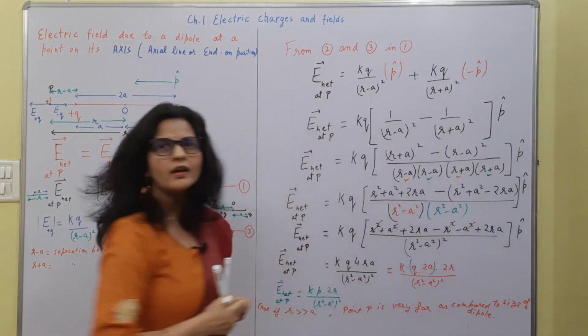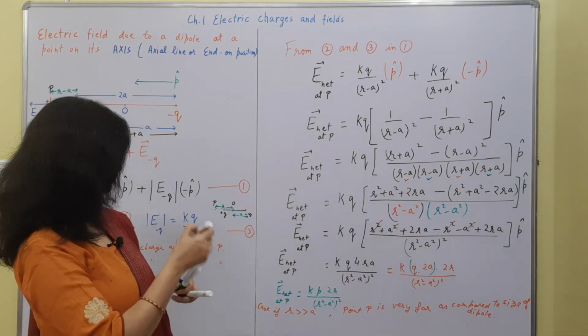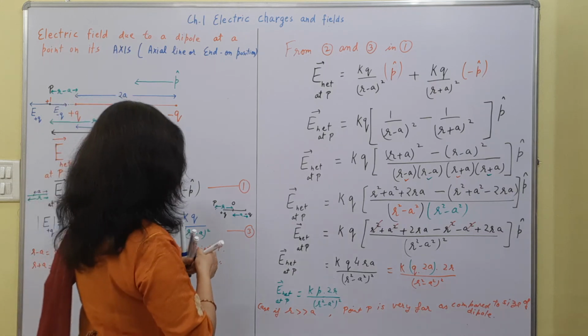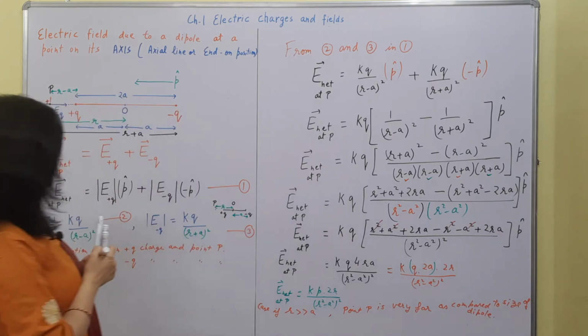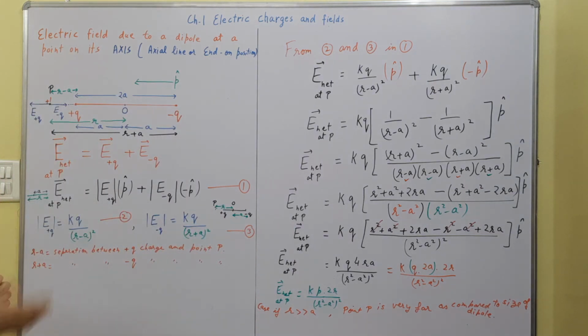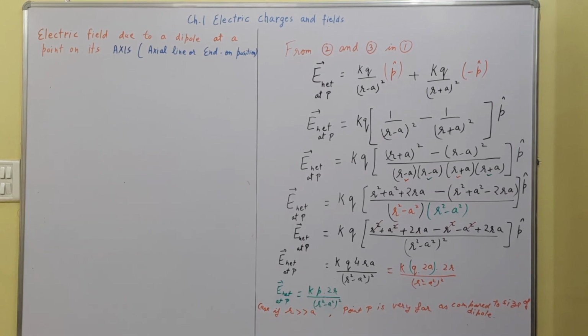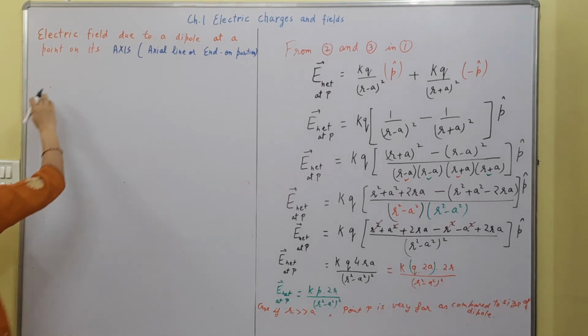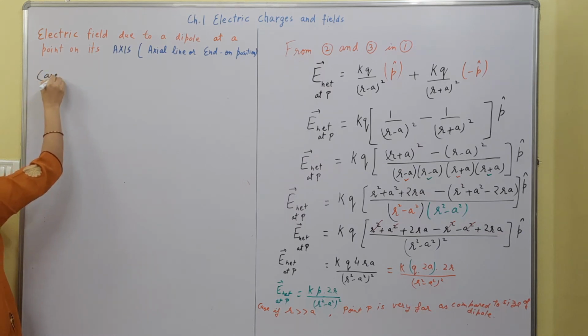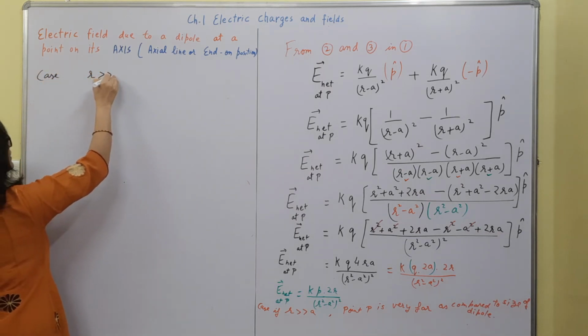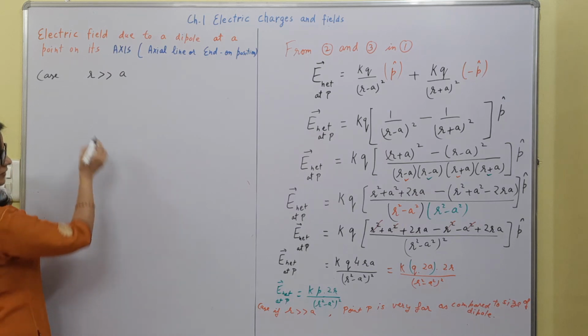Then neglect A. I would like to rub the board before writing the last expression. So I'll just rub it and then I'll write the last expression. So that means we are writing the case if R is very much greater than A. So what will be our formula?